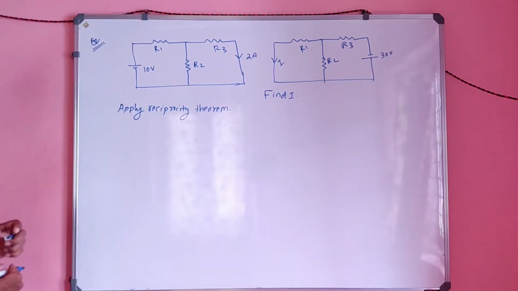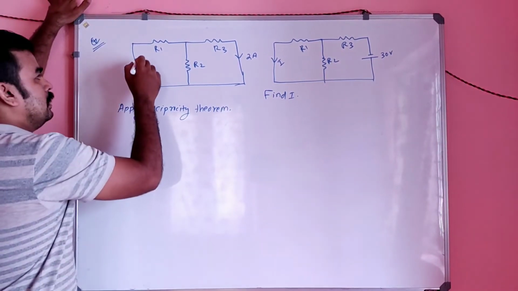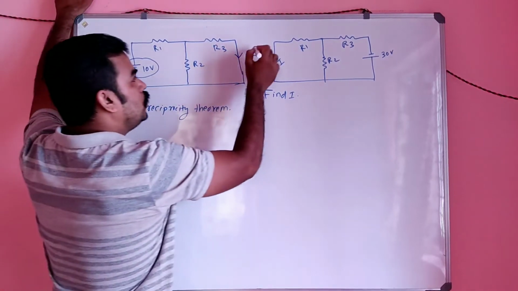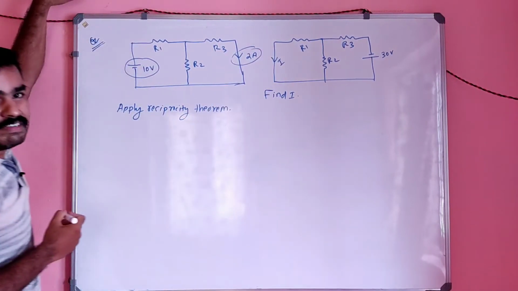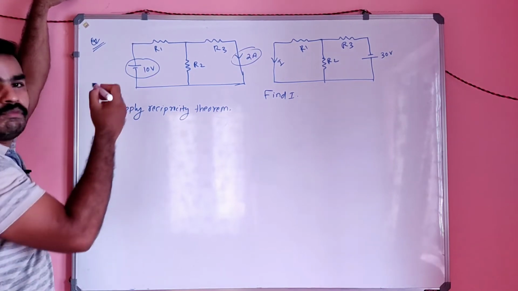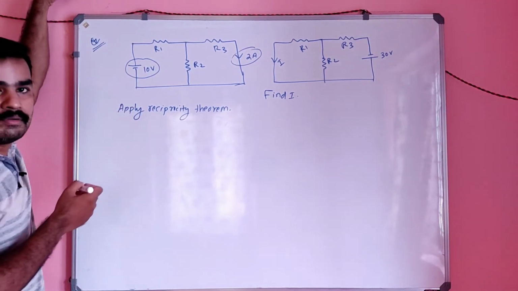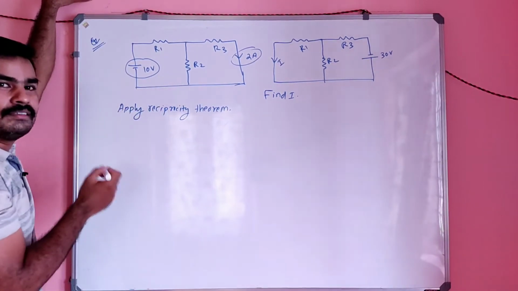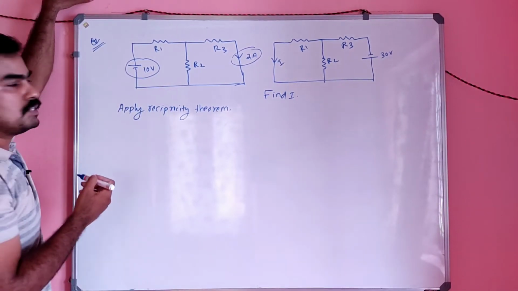Apply the reciprocity theorem. What is that? See, the ratio of excitation to response is always constant in a circuit. That is called, in a single element circuit or single source circuit, the reciprocity theorem. Of course, the sources should be independent in nature, right?